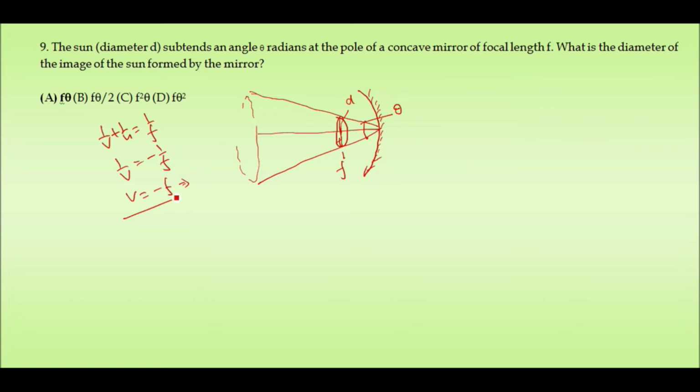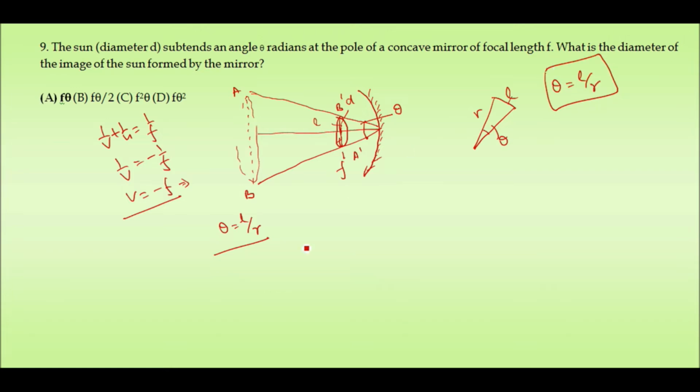Now the image at the focus is inverted and real, and for a small size of image we may write that theta is equal to L by R. If this is theta, this is R, this is L, then for L very small, we can say theta is equal to L by R. So in this way we can write theta is equal to d by f, and d is equal to theta f.